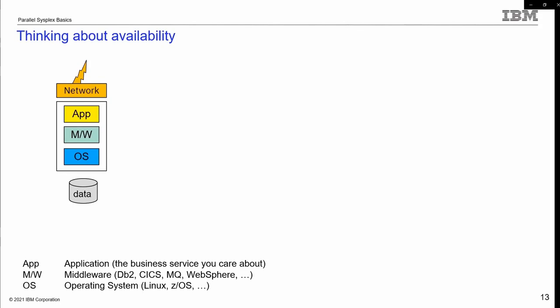So if we have just our application set up this way, we really have a single point of failure. And when we have this single point of failure, God forbid if the application, the middleware, the operating system, the hardware goes down, or even the data, we are in trouble and our application can become unavailable.